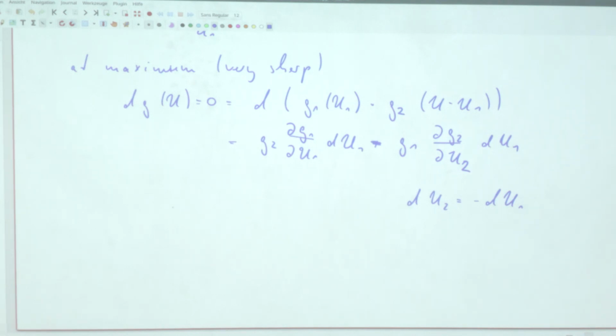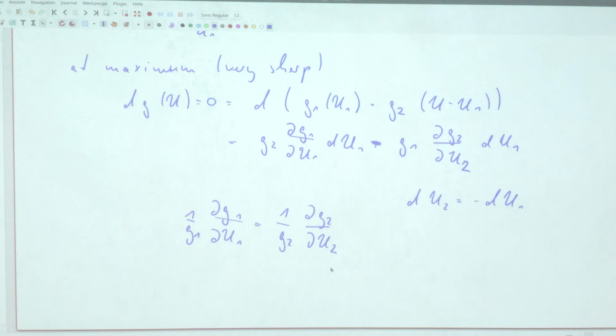So if you put this equality to 0, you find that 1 over G1 dG1 du1 equals 1 over G2 dG2 du2, and probably you know this 1 over x dx is d ln x.